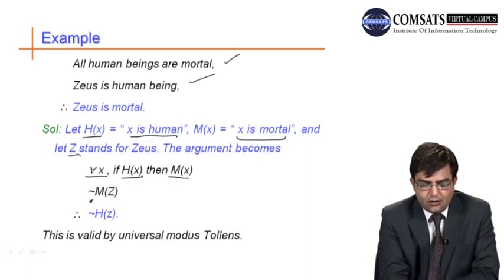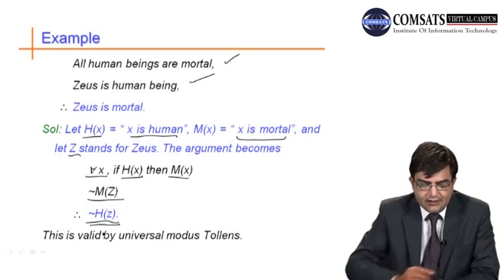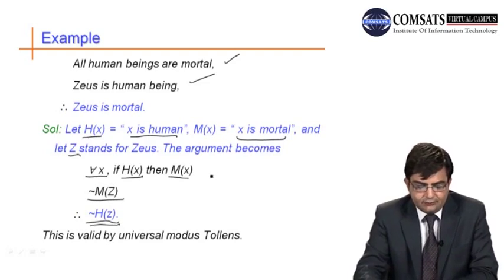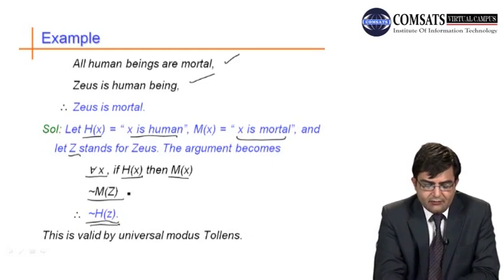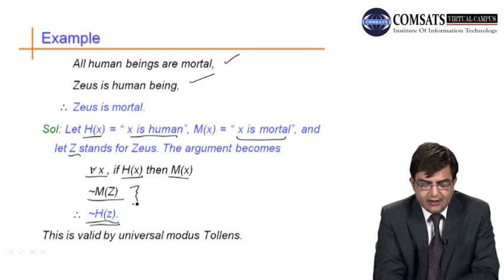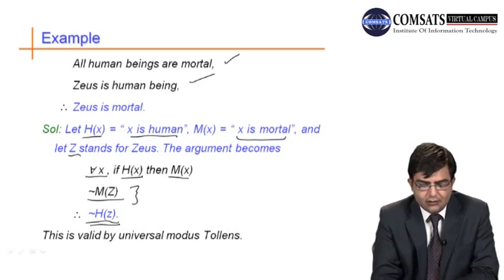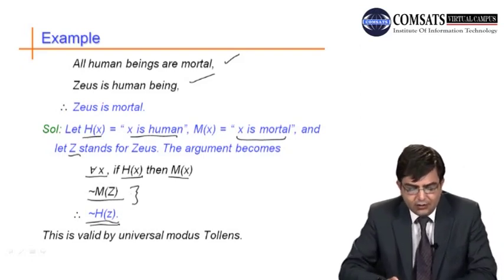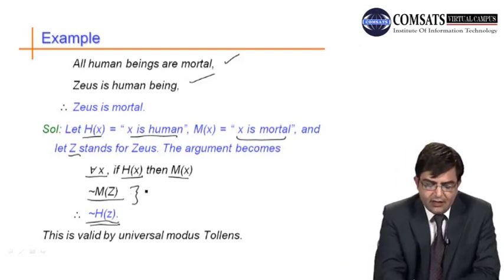Here we see not m of z, therefore not h of z. What does it mean? That if all human beings are mortal, and Zeus is not mortal, then Zeus is not a human being.